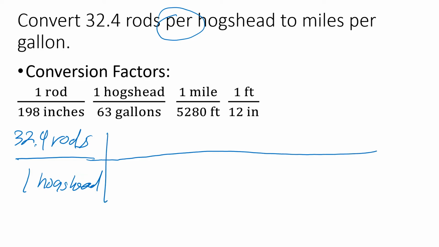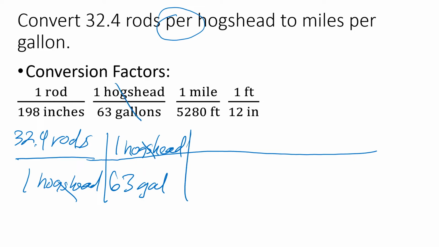So I want to get to miles per gallon, so I'm going to pick whichever one I want. I'm going to pick hogshead because it looks like it's only one conversion factor I need. So in one hogshead, 63 gallons. Hogsheads cancel out. I'm in gallons, which I want to get.